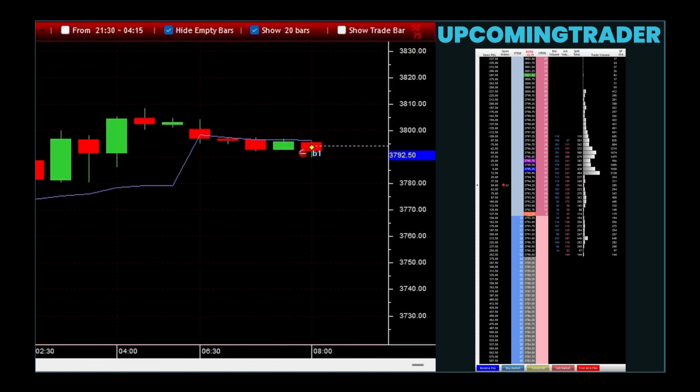Determining whether the long lower shadow signals a continuation of the current trend or suggests a potential reversal depends largely on the surrounding market context. Let us explore how this pattern can indicate both scenarios.